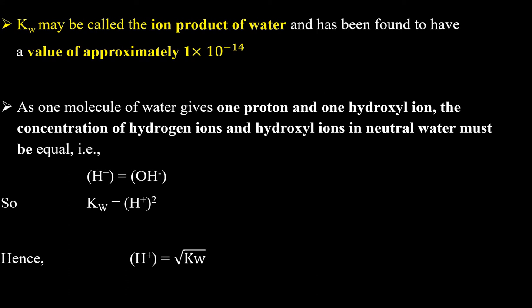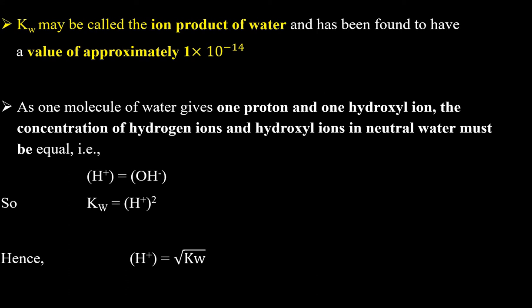As one molecule of water gives one proton and one hydroxyl ion, that is H plus and OH minus, the concentrations of hydrogen ions and hydroxyl ions in neutral water must be equal. Therefore H plus equals OH minus.